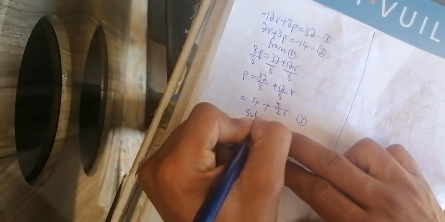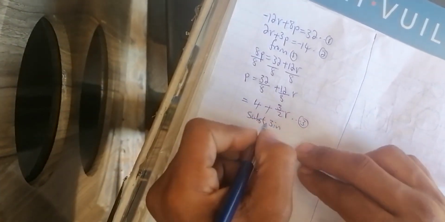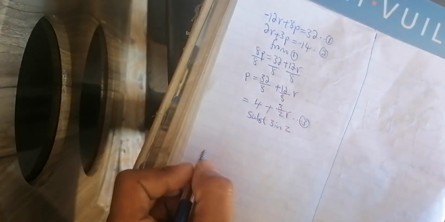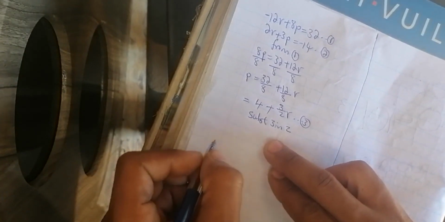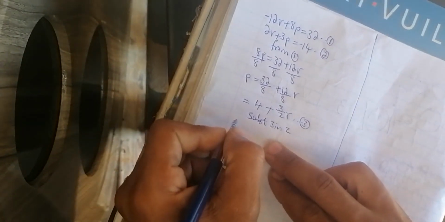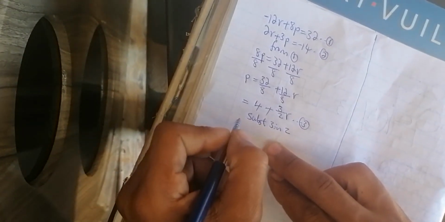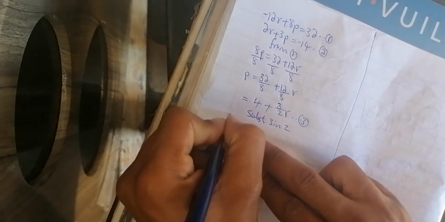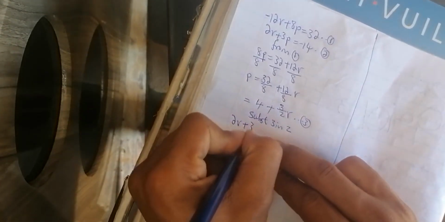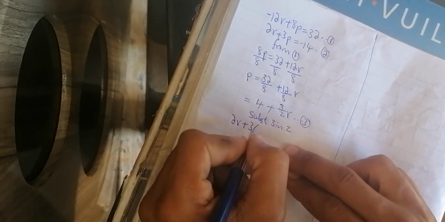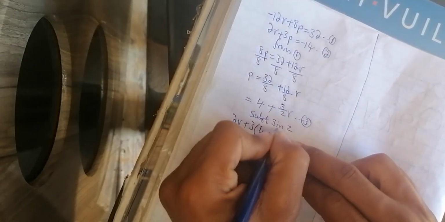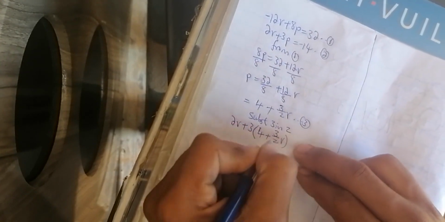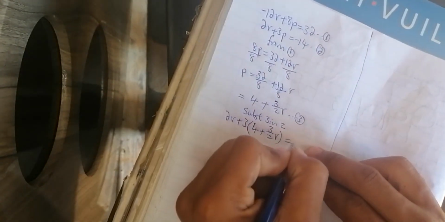And then we are going to substitute 3 into 2, being the equation that we have not yet worked with. So in equation 2, where we see P, we will be writing this. So twice R plus 3, I see P, I will write 4 plus 3.5R, and I'm going to equate this to minus 14.